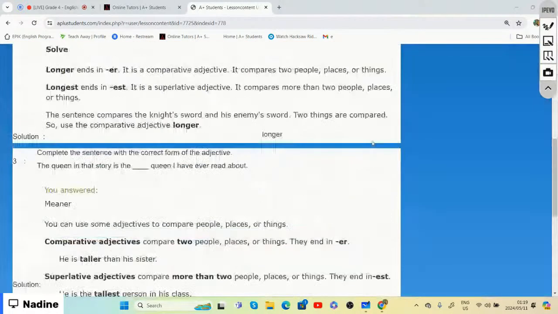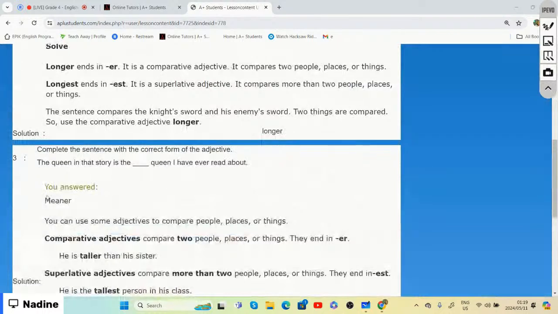All right. The queen in that story is the queen I've ever read about.